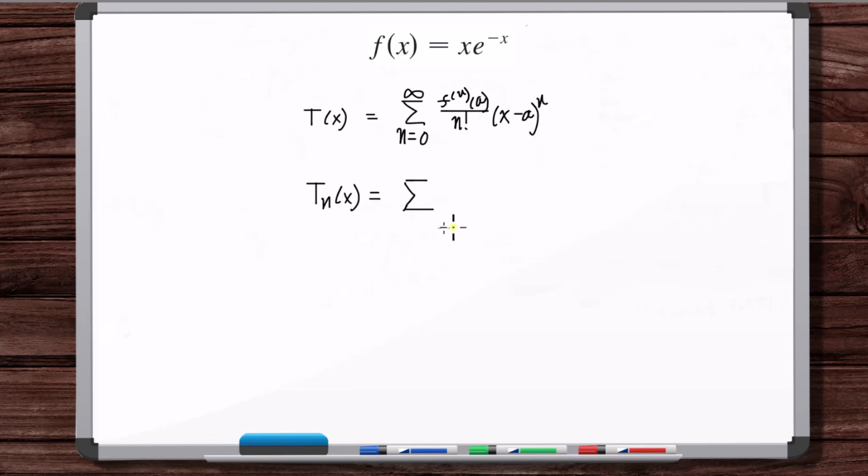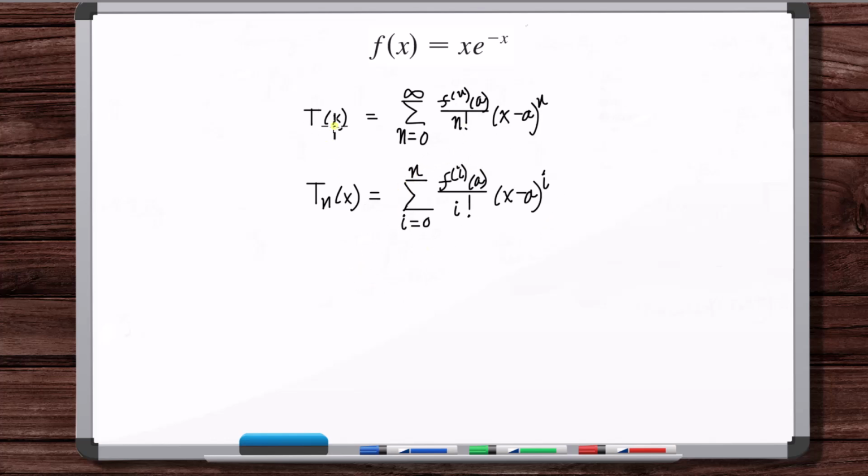With any series, you change the index variable so that instead of putting infinity up here, you put n. So there's the Taylor polynomial, and you choose n, and you're left with not the infinite series, but the first n terms of the infinite series.